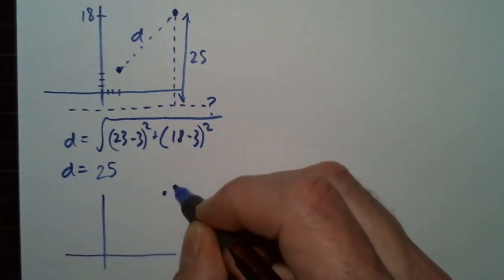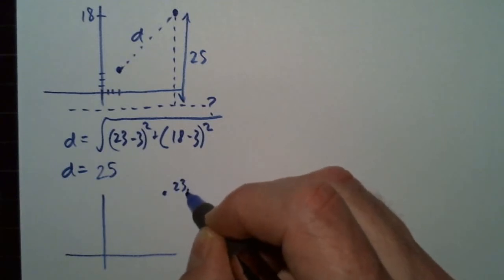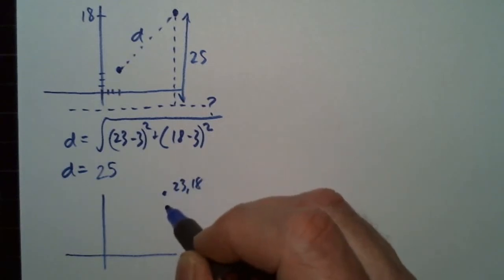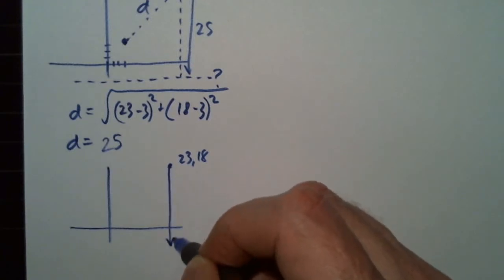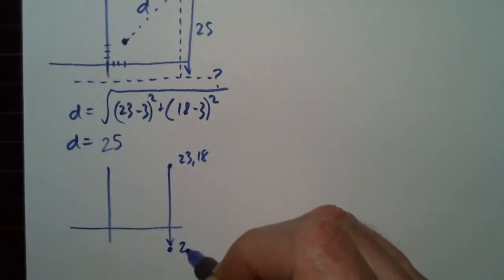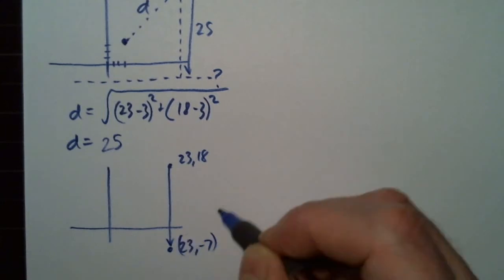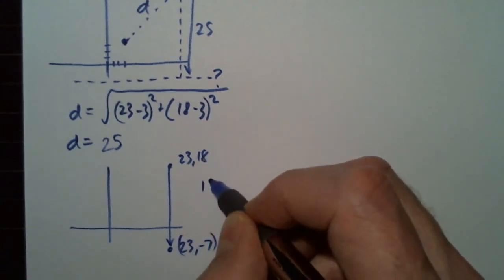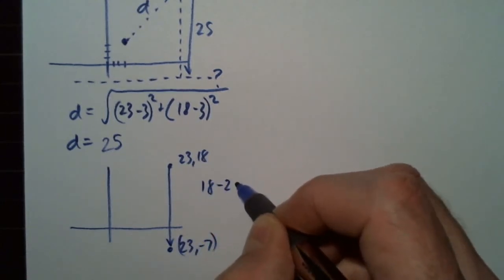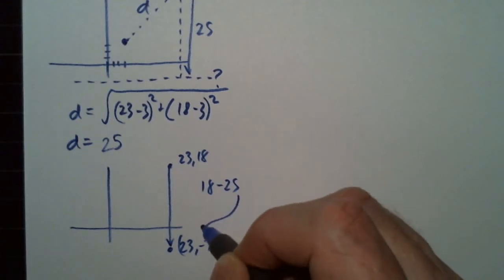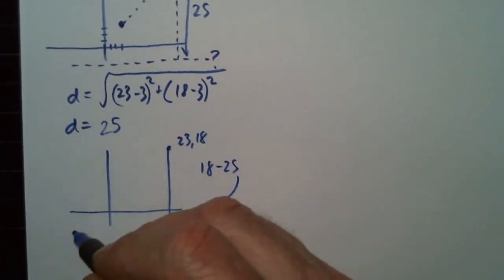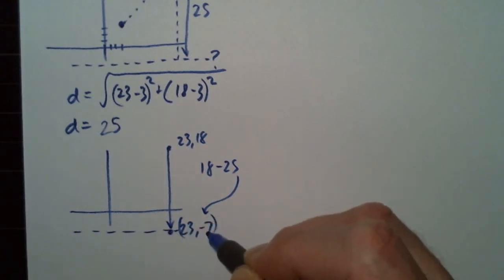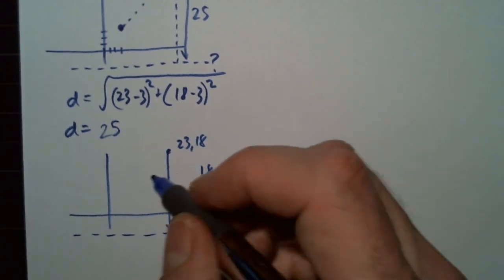We have this point at (23, 18). Let's go down 25, and that will be (23, -7), because we subtracted 18 minus 25 gives us -7. Now we know where the directrix is.